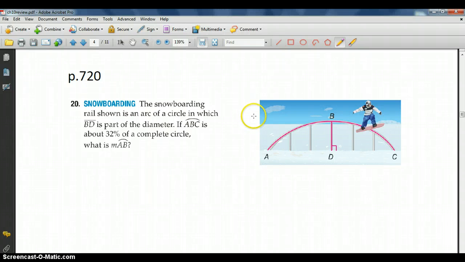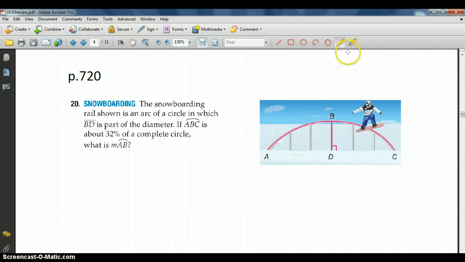Let's continue right along with number 20 from page 720 for our chapter 10 review. The snowboarding rail shown is an arc of a circle in which BD is part of the diameter. If arc ABC is about 32% of a complete circle, what is the measure of arc AB?